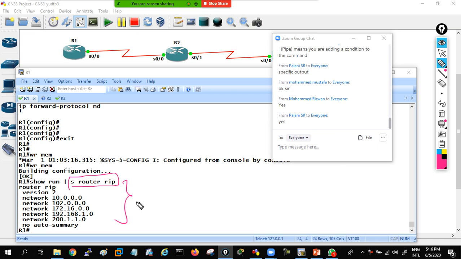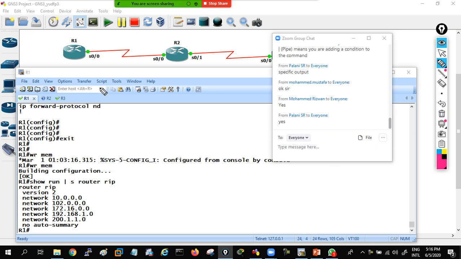Okay, everybody. Now, so far, Ali, you tell me how many networks we advertise in RIP. Everybody, so far, how many networks have we advertised? Write it in your notebook. We have advertised 5 networks, sir. What are those? Write it in your book. We advertise the 10 network, the 102 network, 172.16.